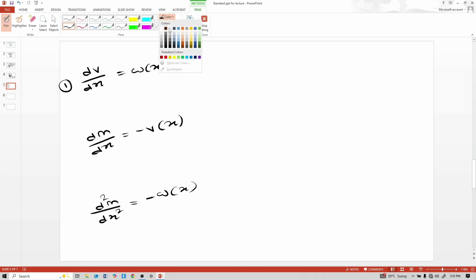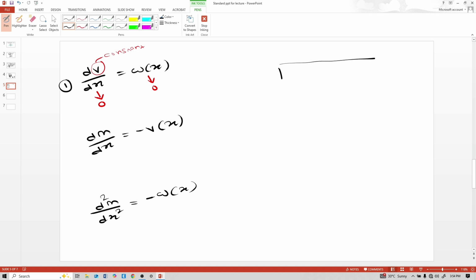Now see this first relation, this intensity of loading. If this intensity of loading is 0, that means this dv by dx is also 0, but this v is constant. See, with the help of example, this is a simply supported beam carrying point load W at center. Here W by 2 and W by 2.